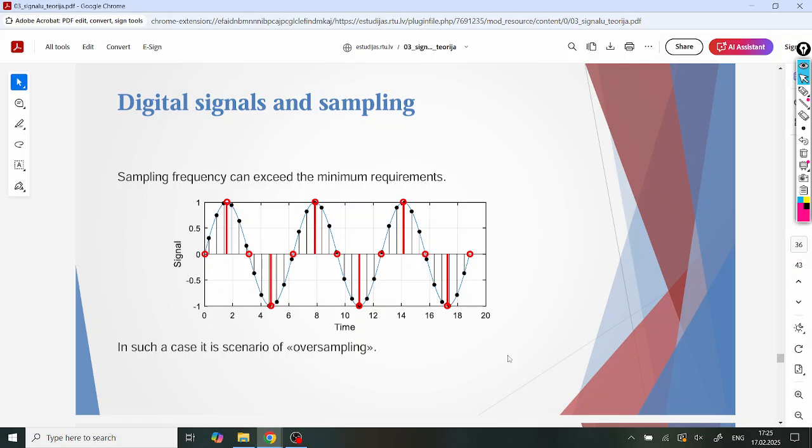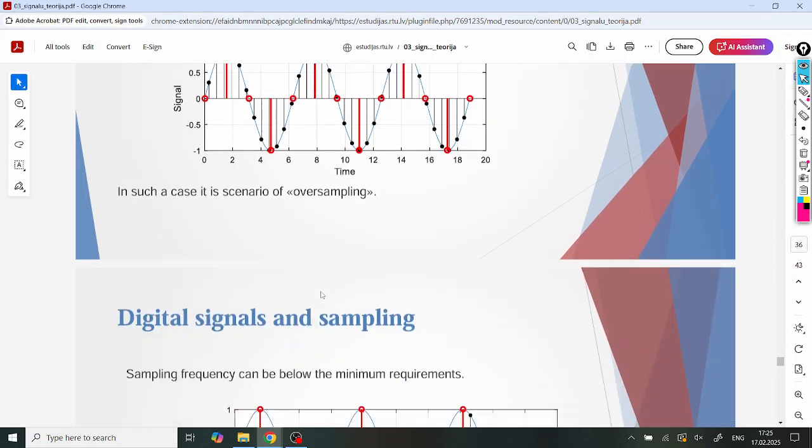You may think that this may increase the accuracy of recovery, but no, as I have said, you can perfectly reconstruct the signal from the red points alone. There is no need to take extra black colored points. It's just going to increase the amount of numbers you will have to deal with.